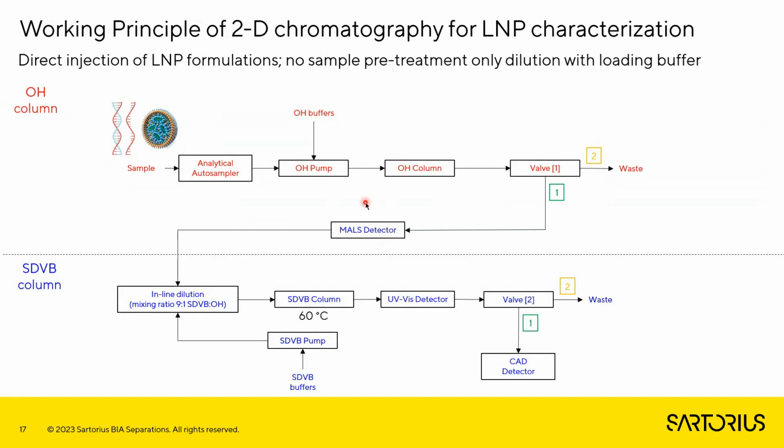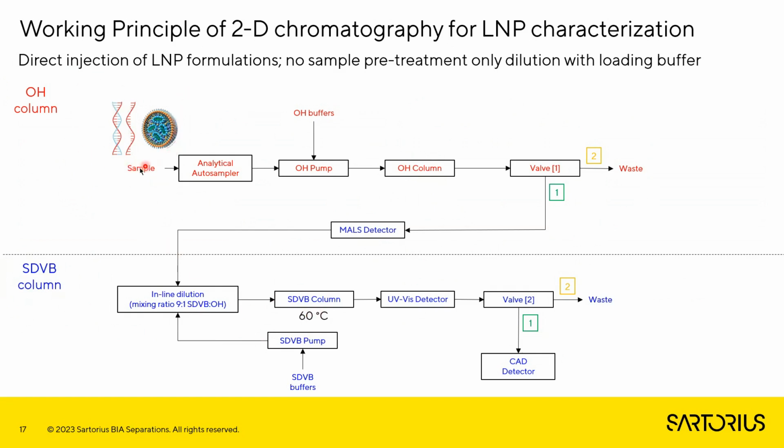So here is a schematic representation of our PATfix Switcher system. We can divide it into 2 parts, or we can say 2 dimensions. In the first dimension, we use our OH column, and in the second dimension, the SDVB column is connected.